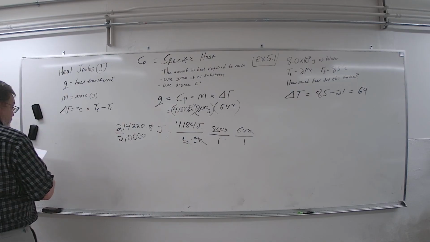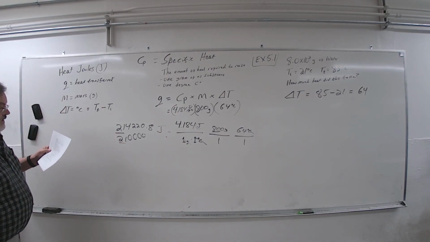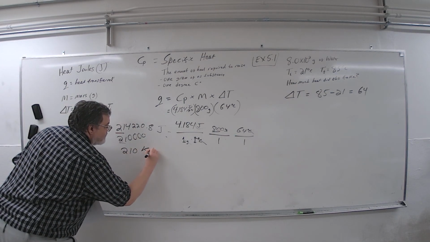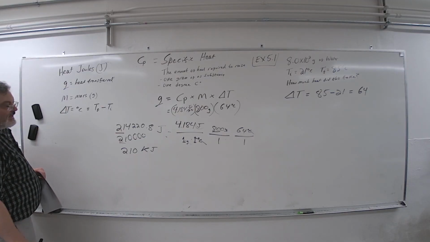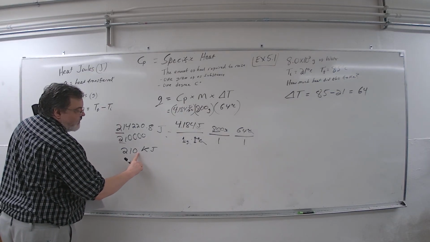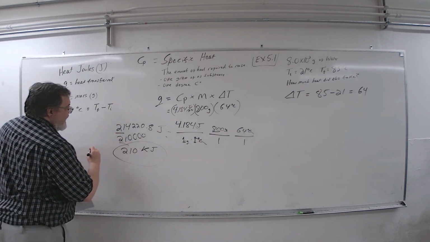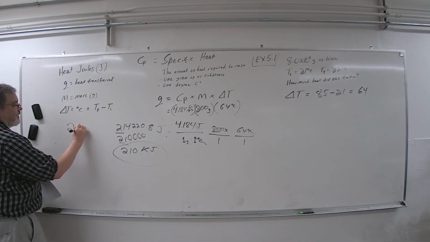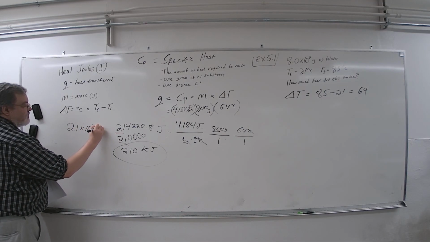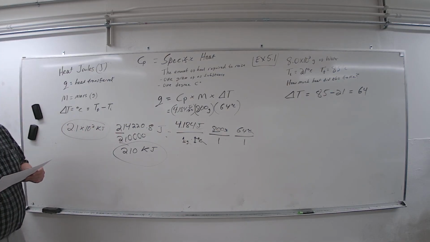I only want two significant figures, so I'm going to say 210 kilojoules. Since I don't have a decimal there, that's showing two significant figures. That's fine. They have on there times 10 to the 2 kilojoules. Either one of those is correct.